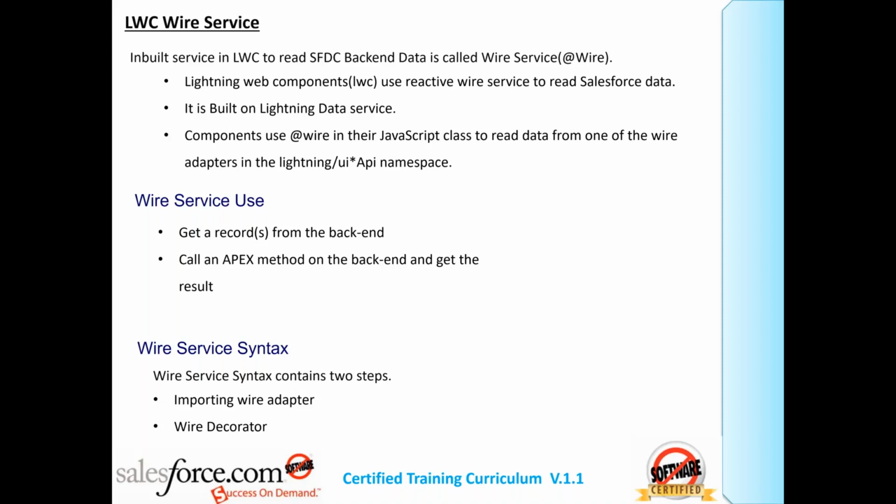That's your answer. How do you call it? We call it by using @wire. Next, properties of wire. Number one, it is built on LWC LDS, Lightning Data Service. First point.